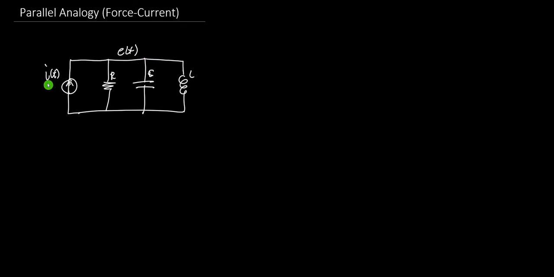If the current is the input, the output E will change with respect to that input. To solve for that voltage with respect to I, we can first solve for the equivalent impedances for these three.